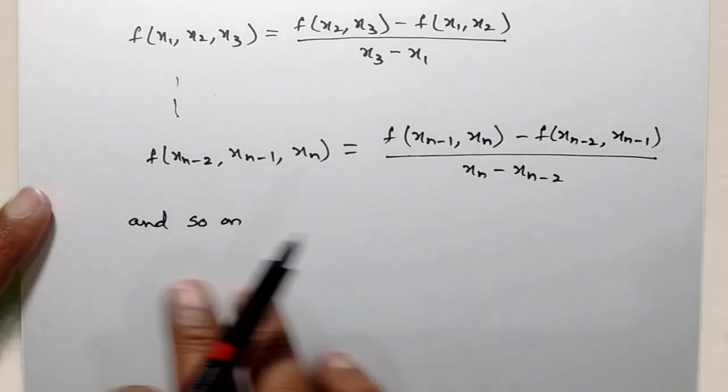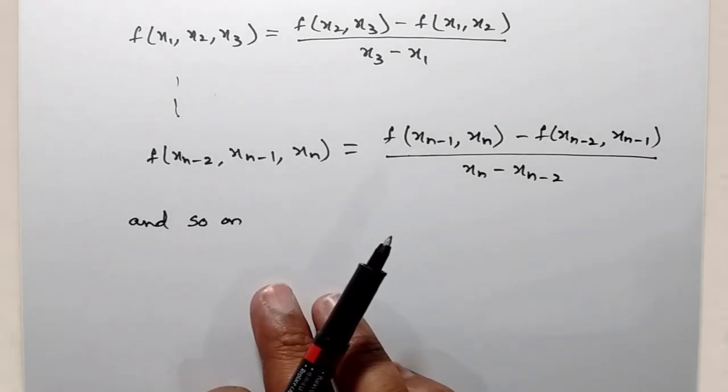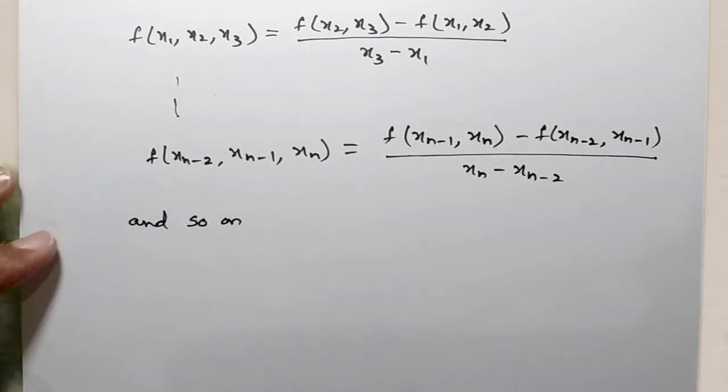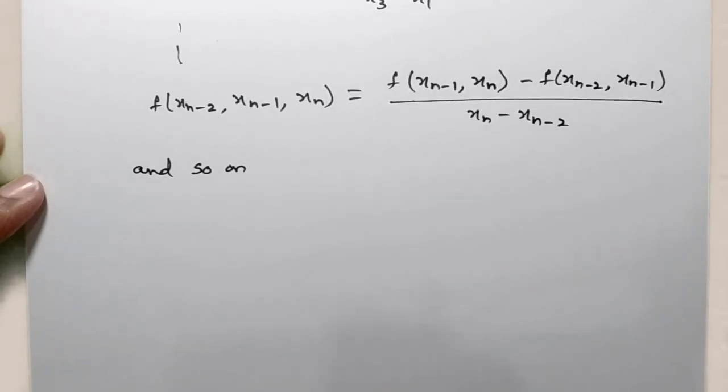So once you know how to prepare the divided difference table, now let me give you the Newton's divided difference formula.